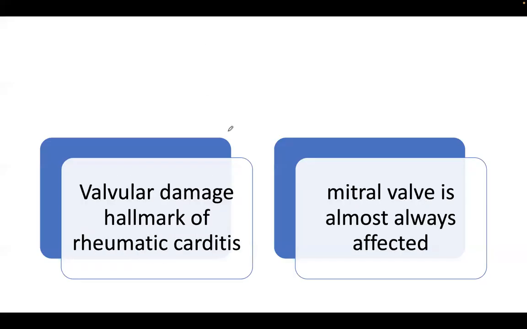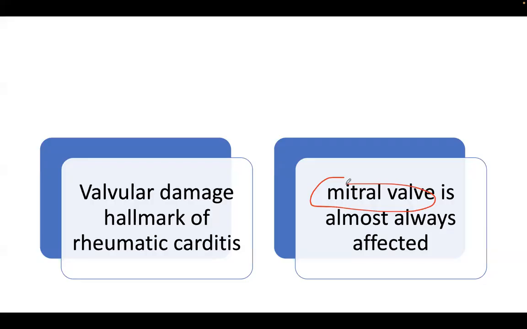Now, the hallmark of rheumatic carditis is going to be the damage to the valves. So the valvular damage is the hallmark of rheumatic carditis. And the most common valve that is involved is the mitral valve. Question: what is the next valve which is involved after the mitral?